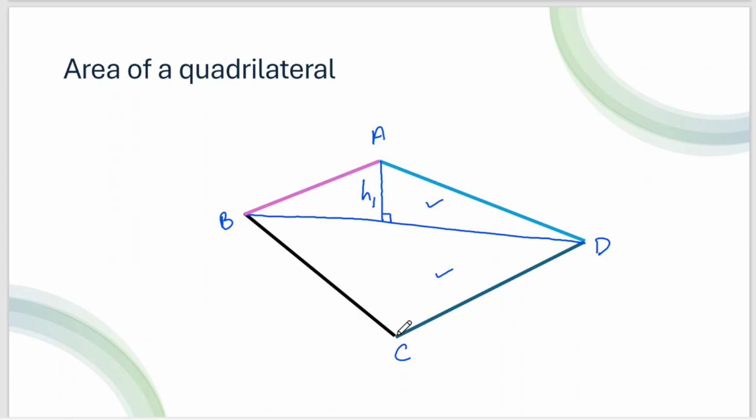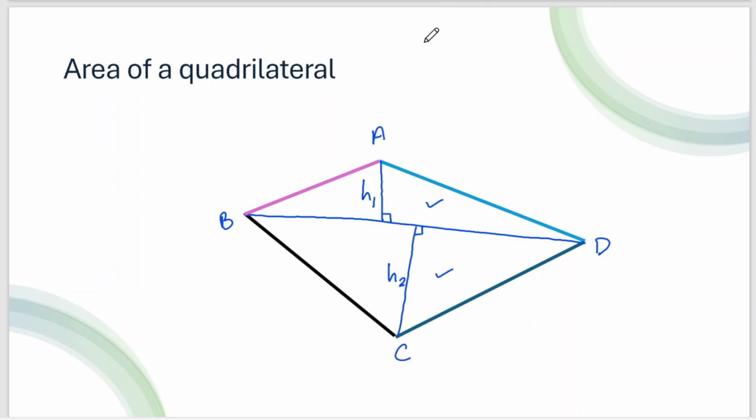For this triangle, the height I can write as H2. So we have one diagonal that divided the quadrilateral into two parts, and we have the height for both individual triangles. Now I'm going to find the area of both triangles individually.